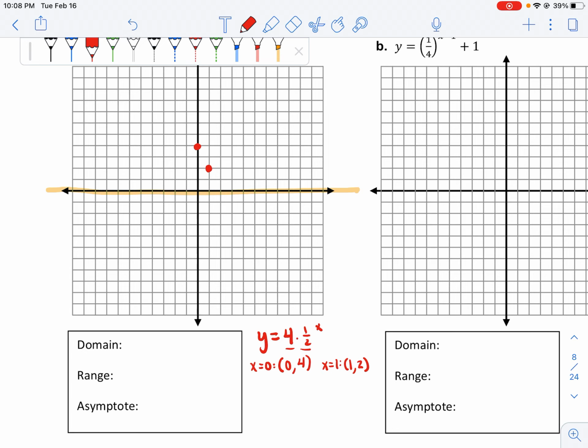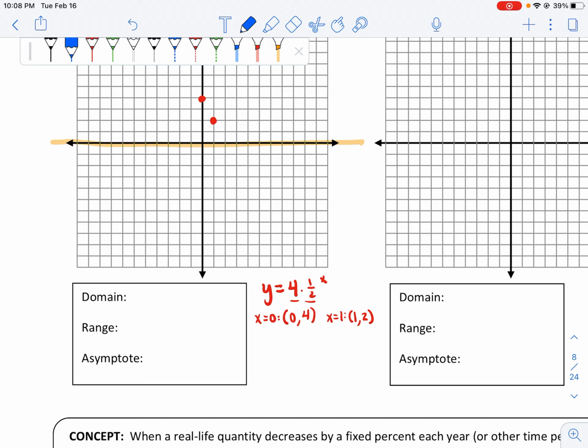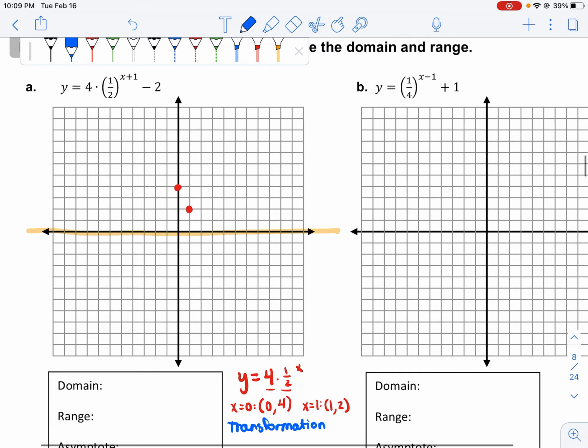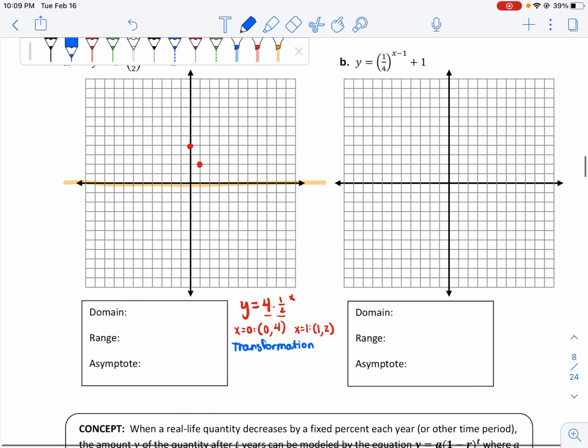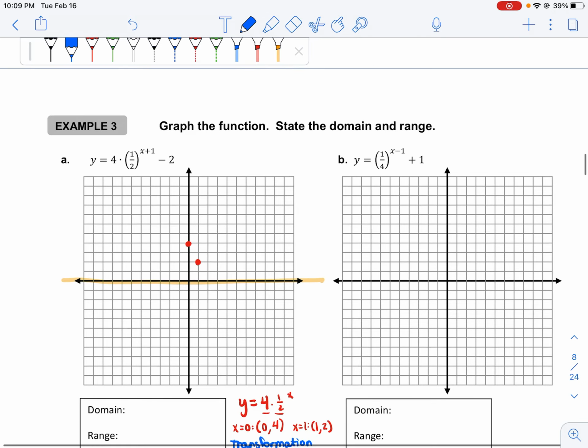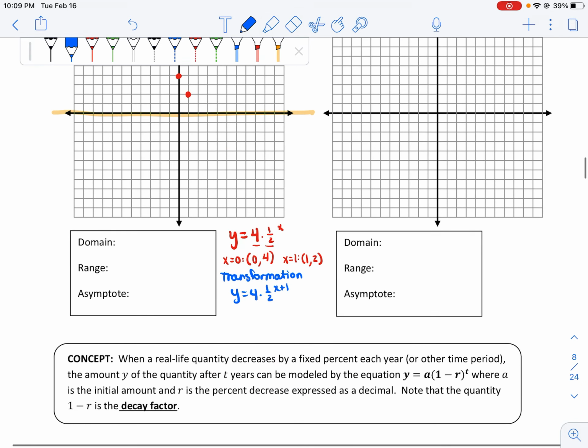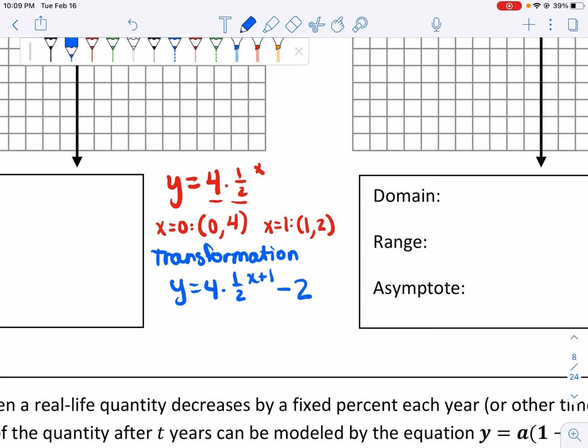All right, and now we do our transformation. So this had x plus 1: y equals 4 times 1/2 to the x plus 1, minus 2. That plus 1 means left 1, and the minus 2 is down 2.